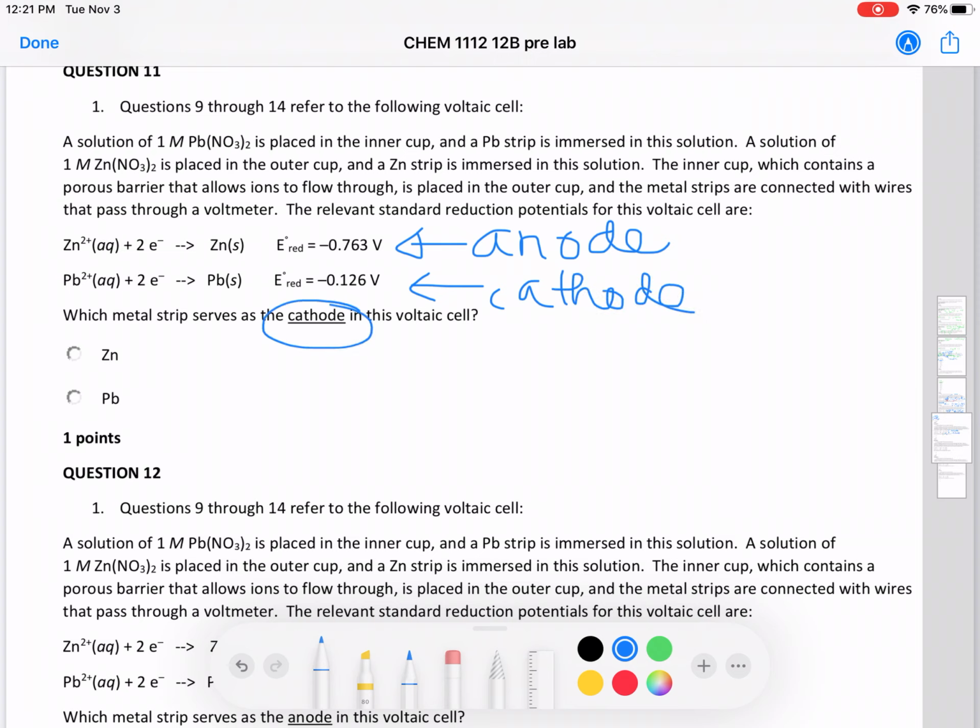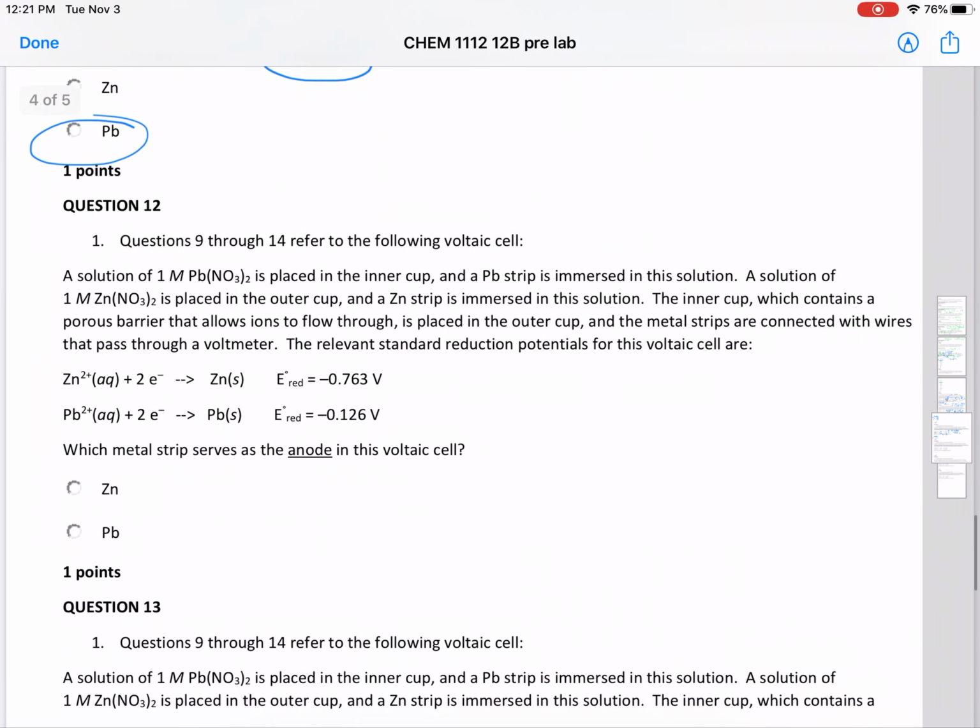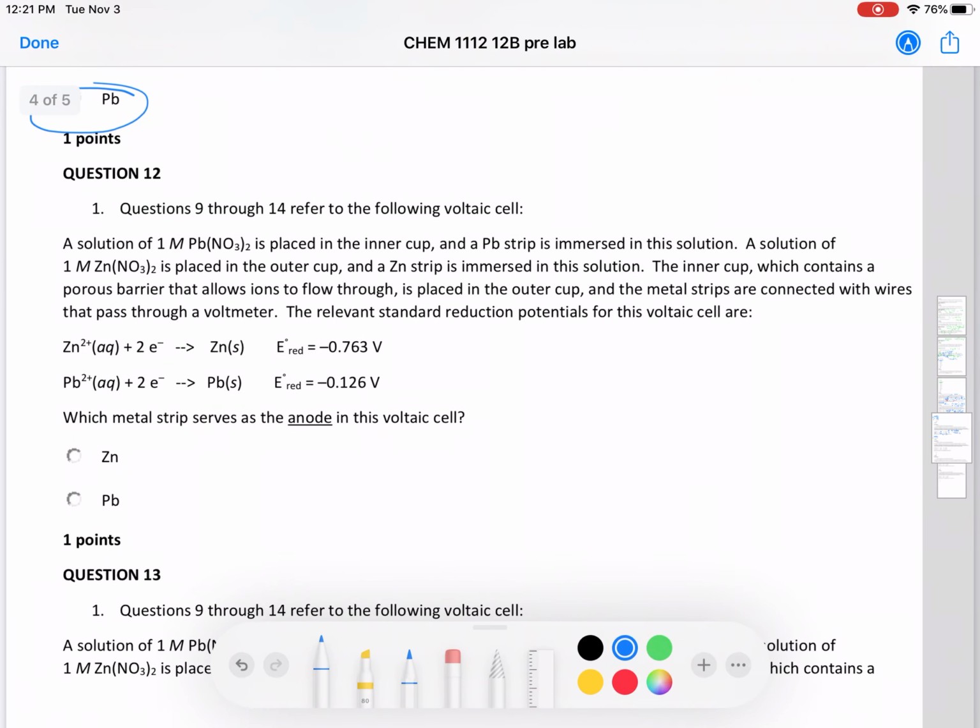So that's going to be lead. Not lead 2 plus, lead 2 plus is in solution. It is the lead solid that is going to be your cathode. And what about the anode? Of course, the anode is where the oxidation takes place, so that's going to be the zinc strip.